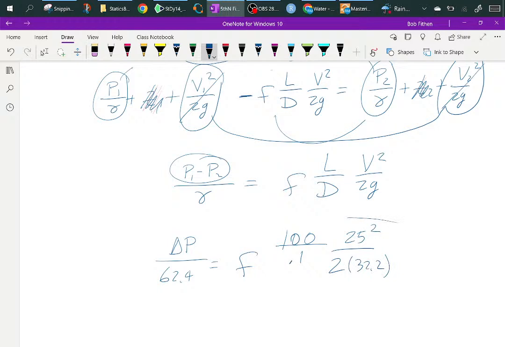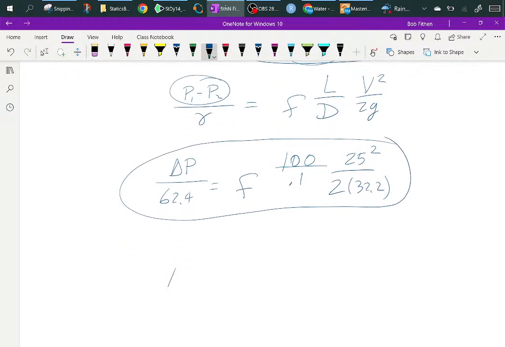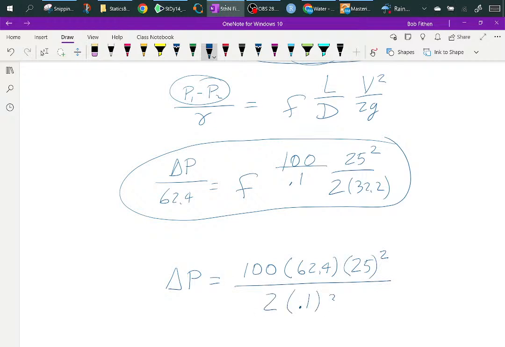So at first glance, you see there are two terms in here. So if you wanted to, delta P is equal to 100 times 62.4 times 25 squared, over 2 times 0.1 times 32.2, and this is all times F.